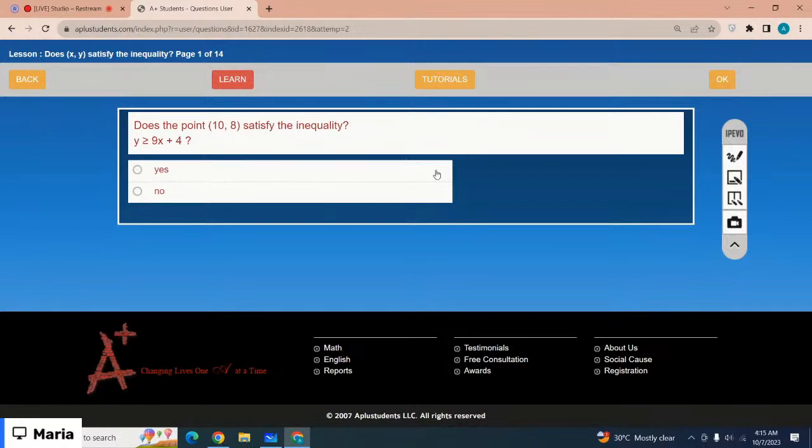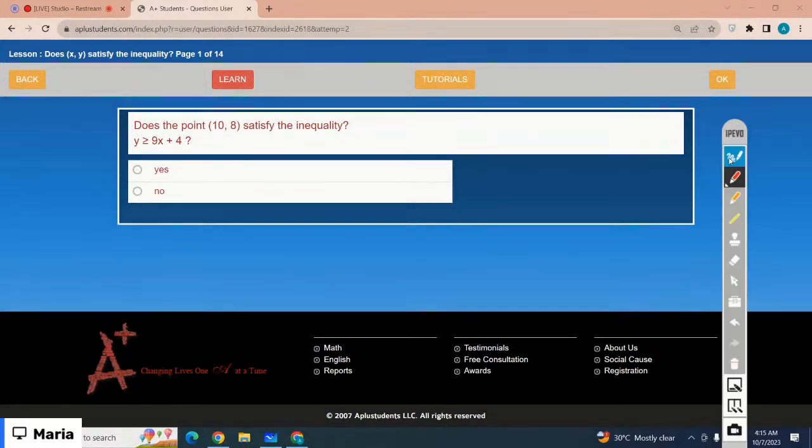X is 10 and y is 8, so it would be 8 is greater than or equal to 9 times 10 plus 4.